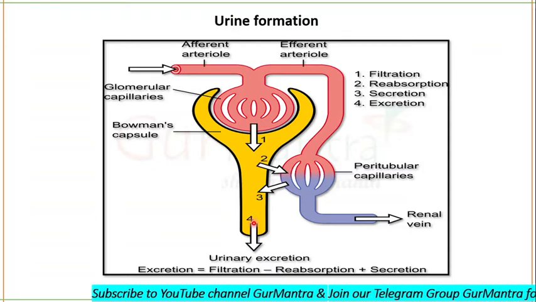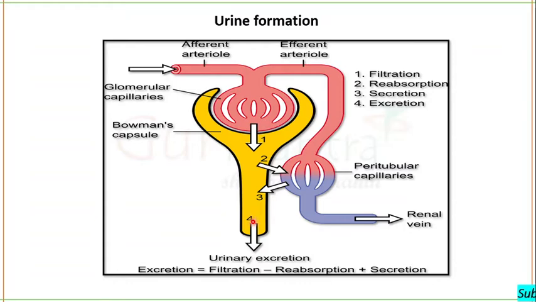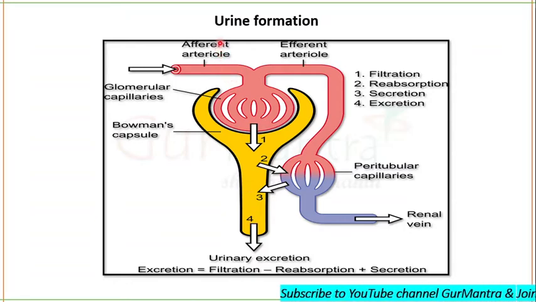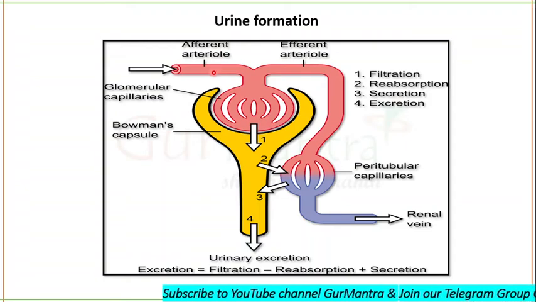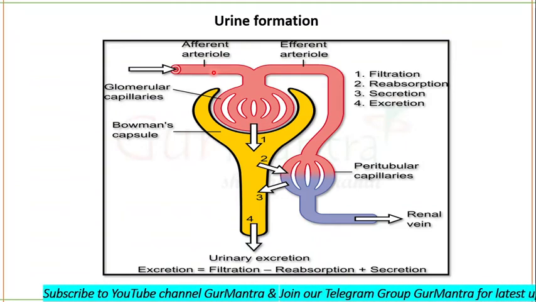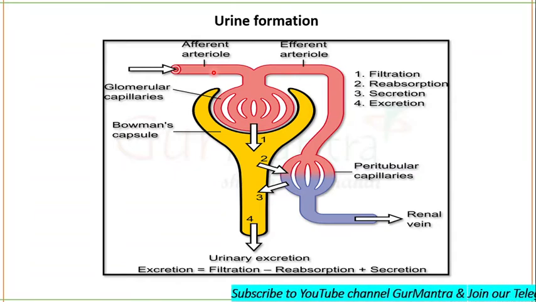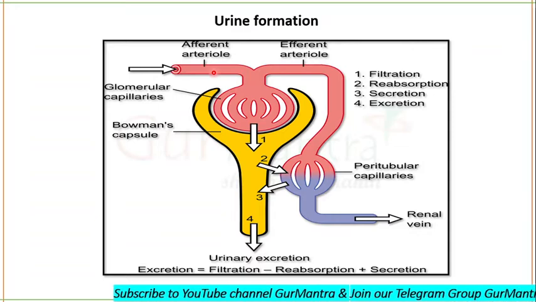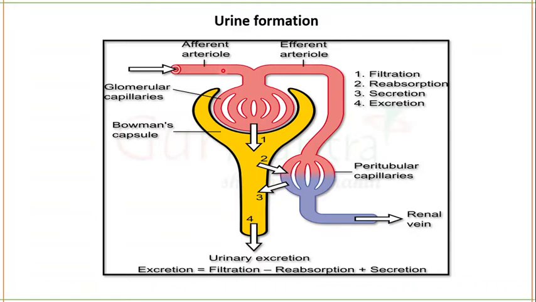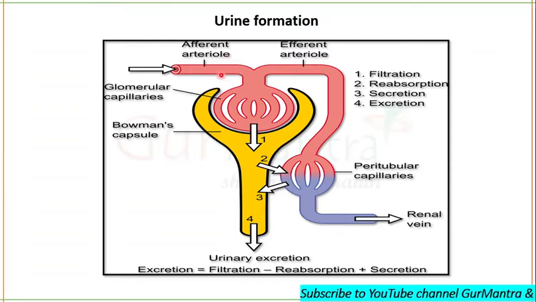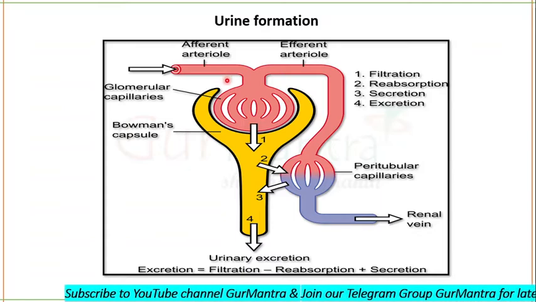However, the elevated blood pressure will stretch the wall of the afferent arterioles. When there is more glomerular filtration rate or more glomerular pressure, it will stretch the afferent arteriole, and due to the stretch, smooth muscle fibers will respond and contract.